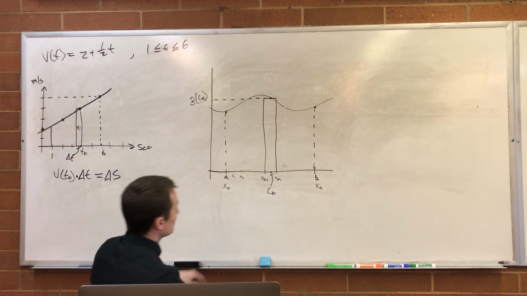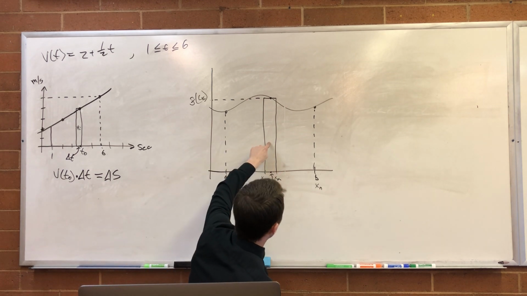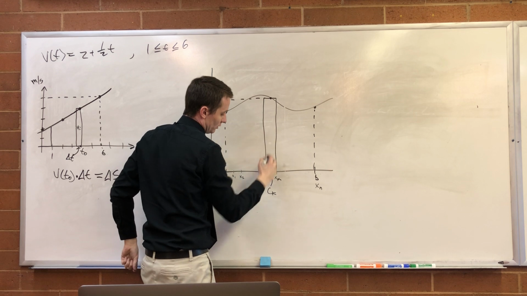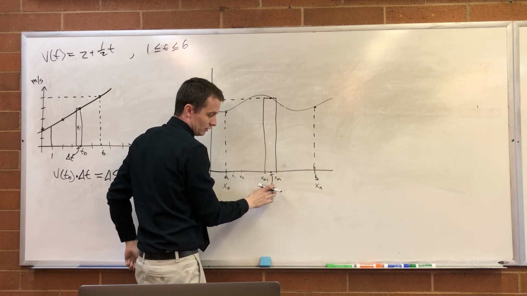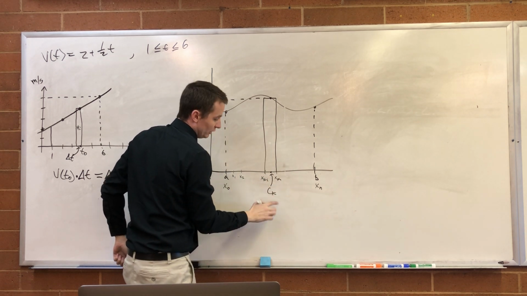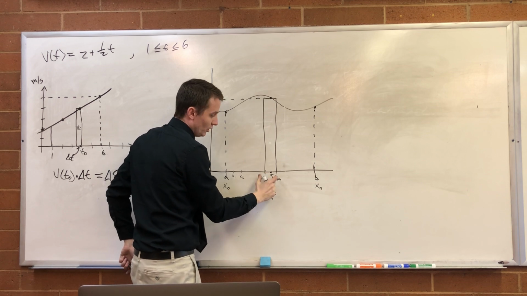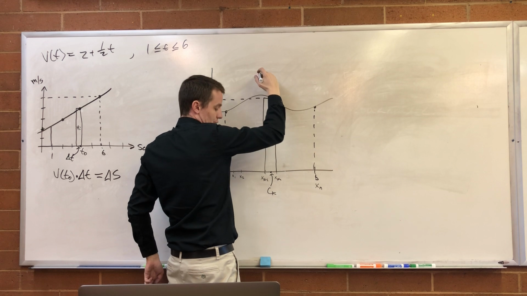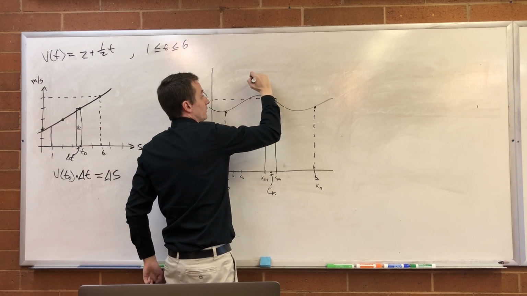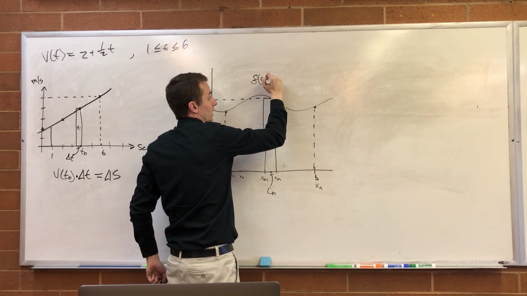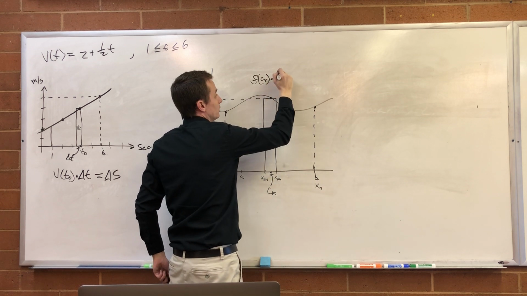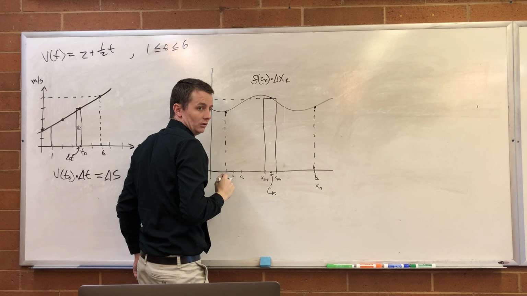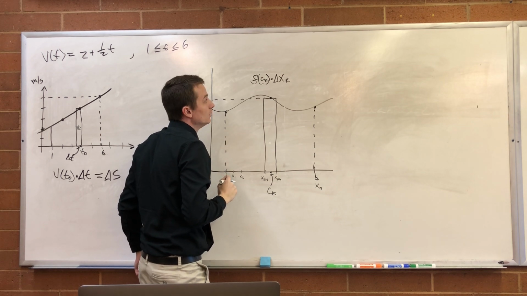So the area of this rectangle is what? f of c sub k times c sub k? No, c sub k is just that x coordinate. It's height times base. The height is f of c sub k, times the base, delta x sub k.